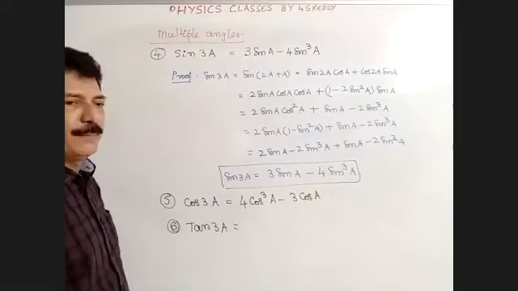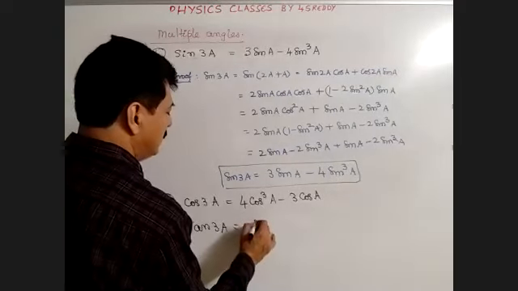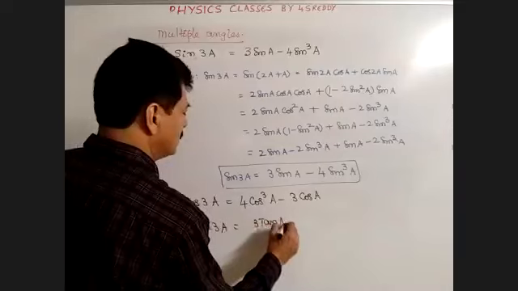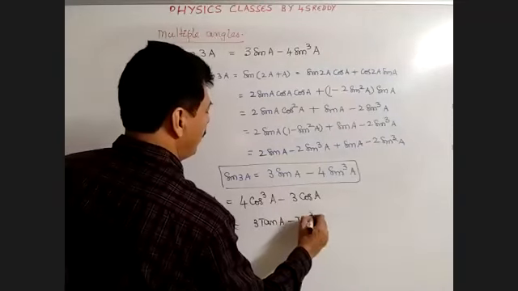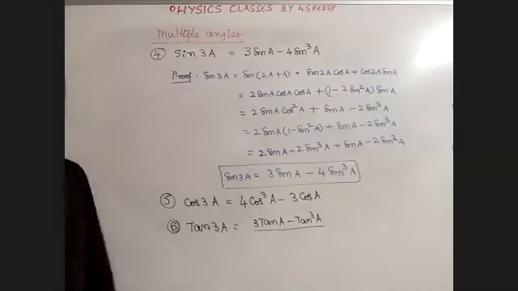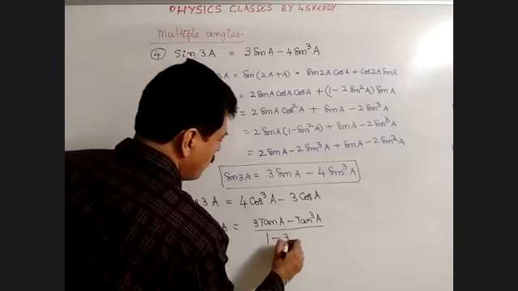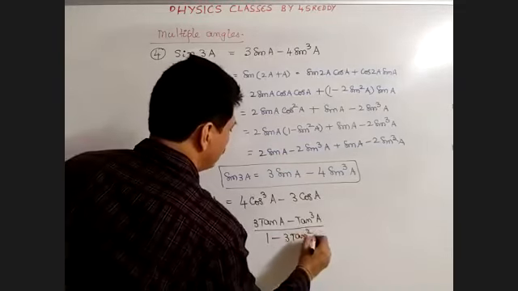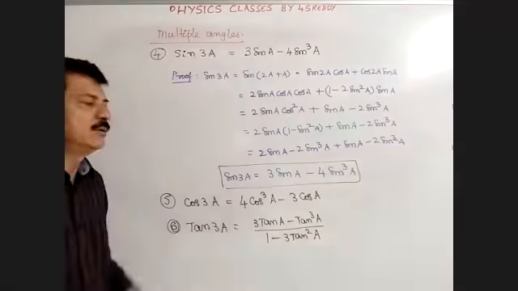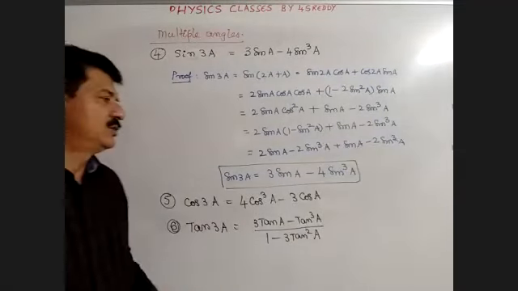Similarly, tan of 2A plus A gives 3 tan A minus tan cube A by 1 minus 3 tan square A. Try to prove these two using this relation.